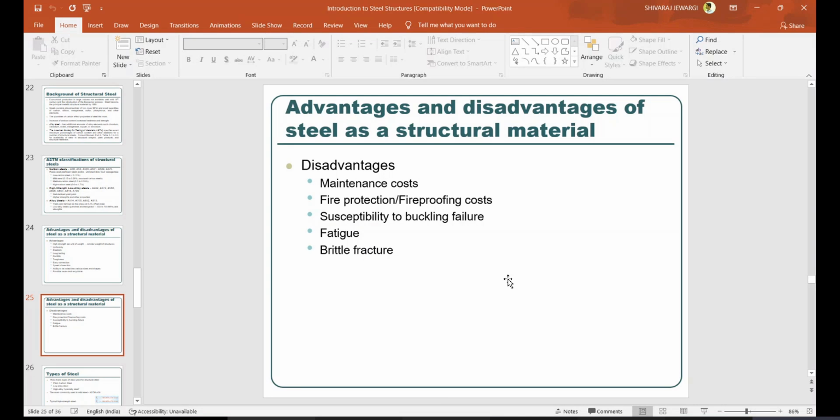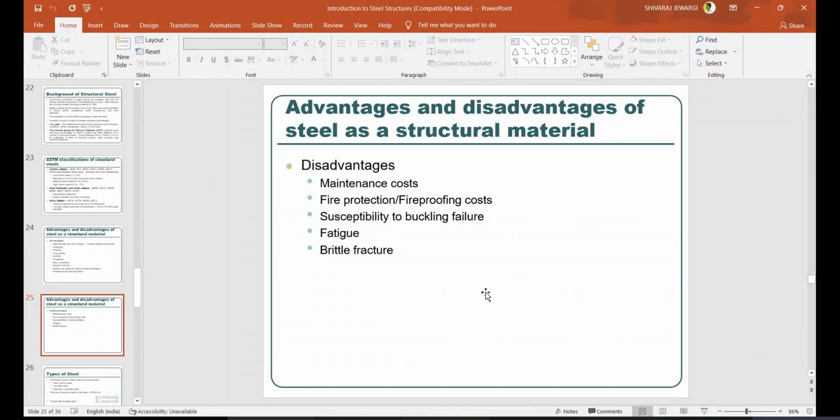Even though we can do fireproofing, when it is subjected to high temperature, or fire of many degrees Celsius, when the building is subjected to fire, there is a chance of these elements losing strength. So we have to take care that our steel structure is not subjected to fire.